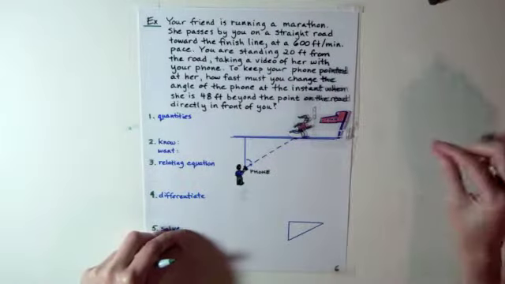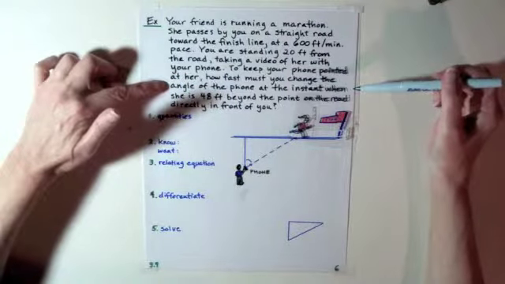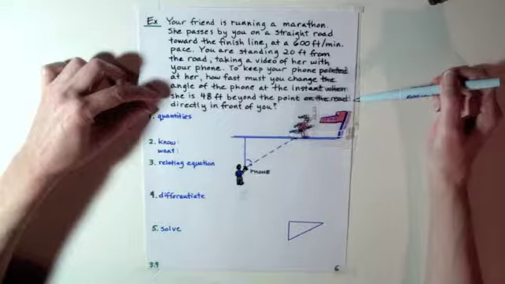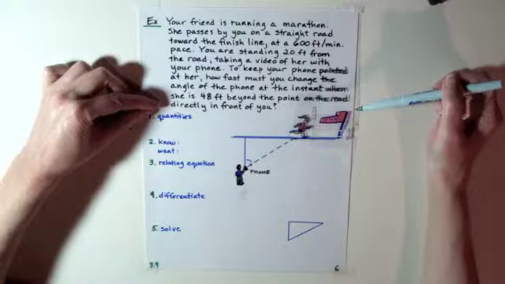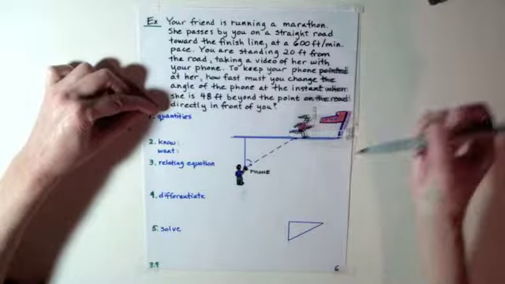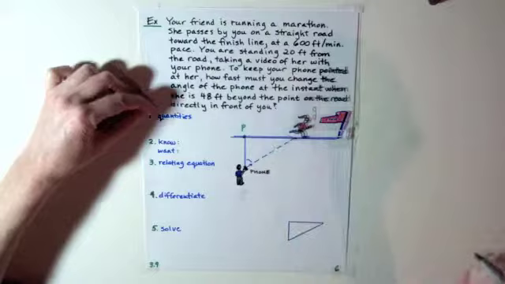Otherwise, she'll run right out of your frame. So the question is, to keep your phone pointed at her, how fast must you change the angle of the phone at the instant that she is 48 feet beyond the point on the road directly in front of you? Let's call the point on the road directly in front of you the point P.